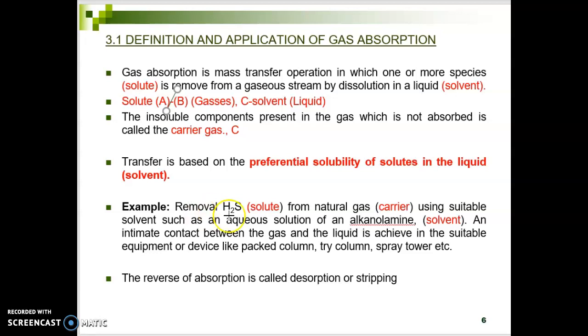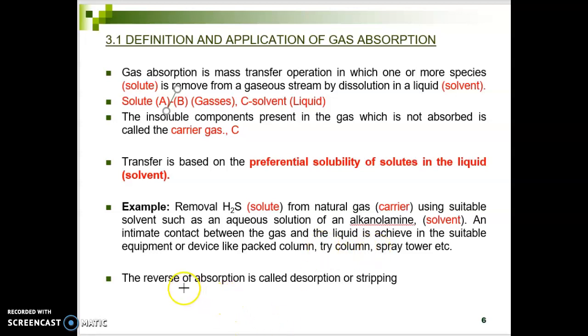An example is the removal of H2S, which is your solute A, from natural gas, which is your carrier gas B, a mixture of A and B, using suitable solvents such as aqueous solutions of an alkanolamine, which is your solvent C. An intimate contact between the gas and the liquid is achieved in suitable equipment like a packed column, tray column, and spray tower.